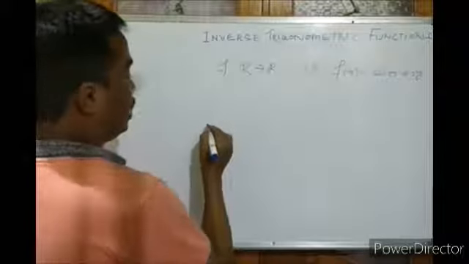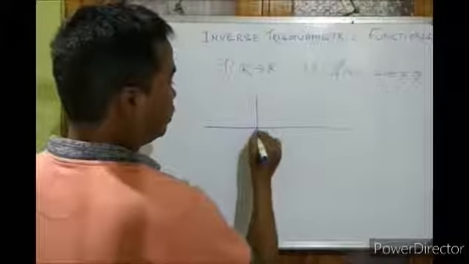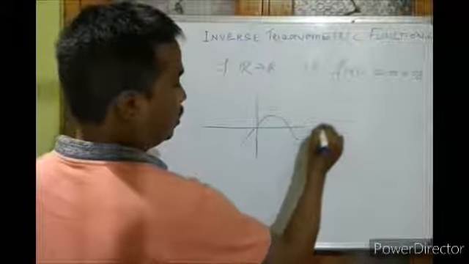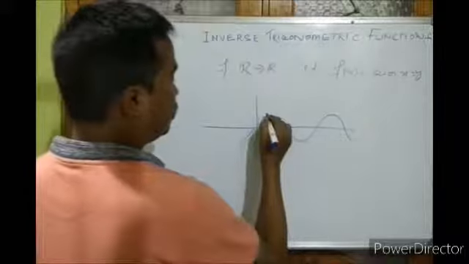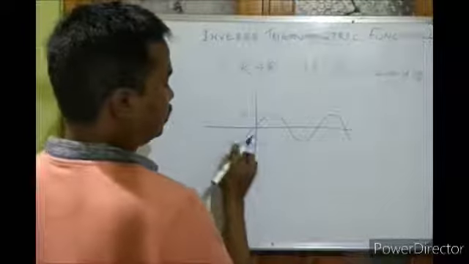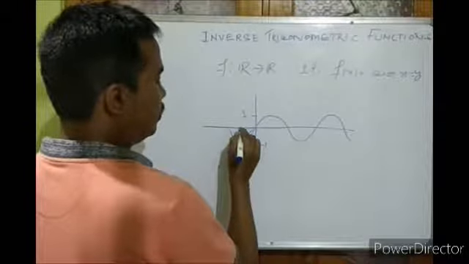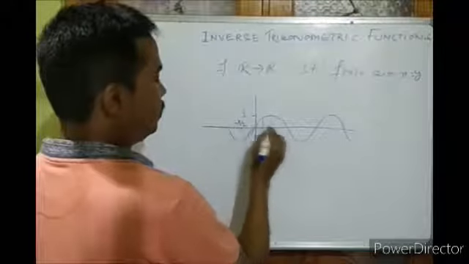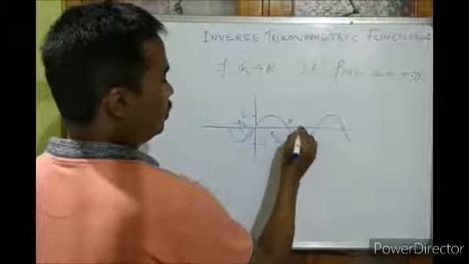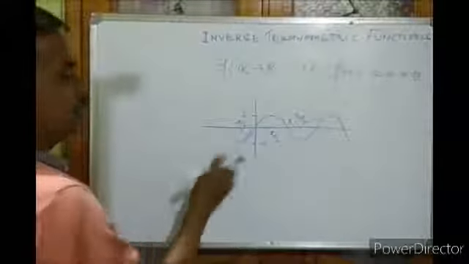So obviously from the graph, if we look at the graph of the sin function, it goes like this. Here plus 1, here minus 1, here minus pi by 2, plus pi by 2, pi, 2 pi, and so on. So what do we see?